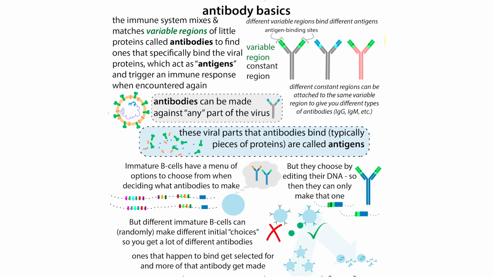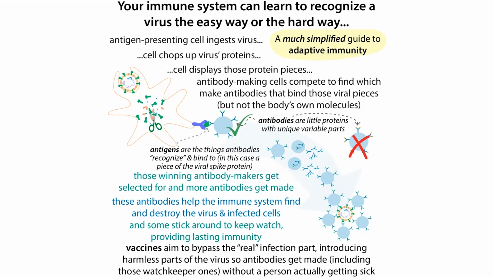So these antibodies have these unique parts, these variable regions that are going to be able to bind to different things. And so each of these antibodies made by a different cell is going to recognize a different thing. And this is just going to be randomly based on how they recombined and what proteins they made. But the ones that actually recognize foreign things and don't recognize our own things get selected for, and you make a lot of them.